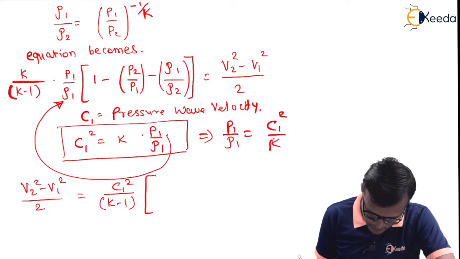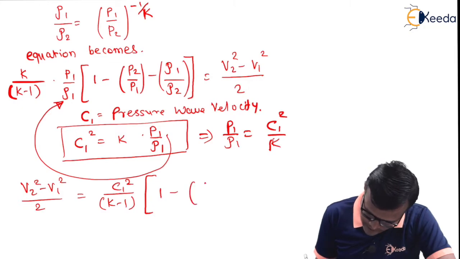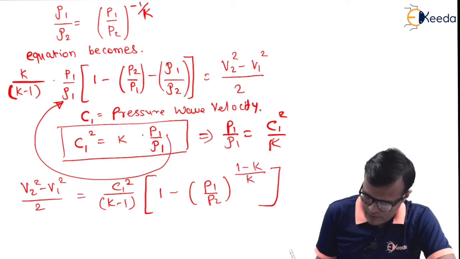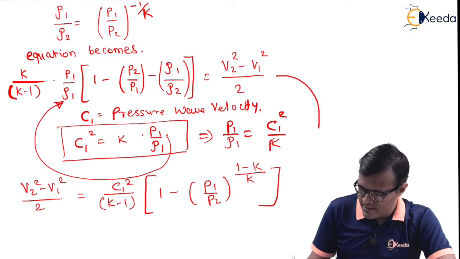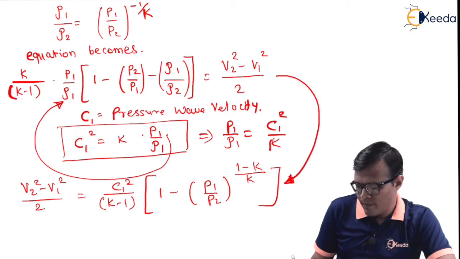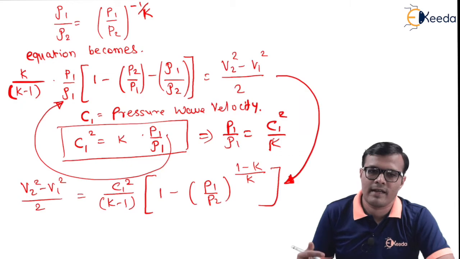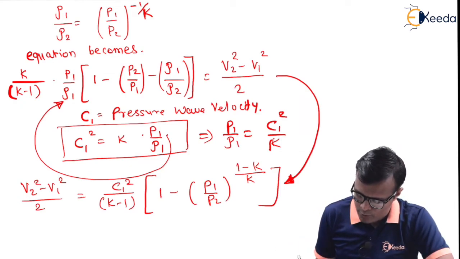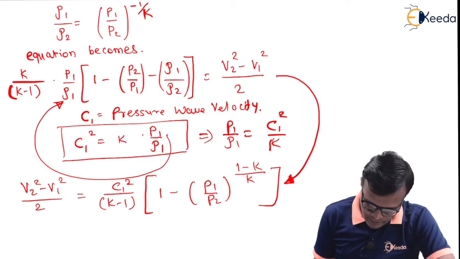So we will have the equation as 1 minus p1 upon p2 to the power 1 minus k upon k. This step is directly taken from the previous derivation, where we have already obtained this result. So 1 minus p1 upon p2 raised to the power 1 minus k, whole divided by k.